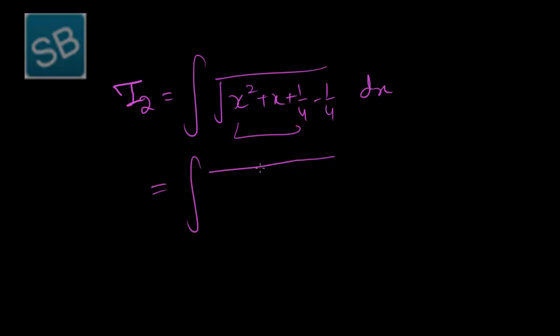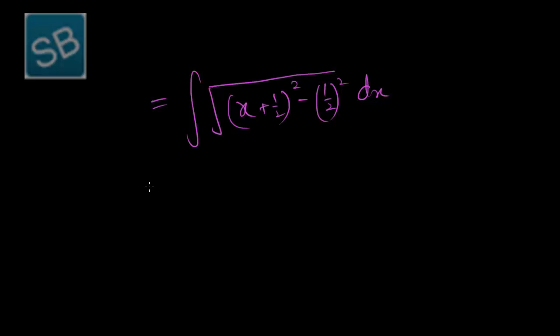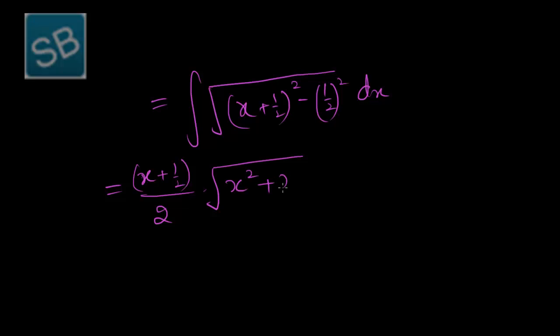From this we will get the integral of under root (x plus half) whole square minus (1 by 2) whole square. So if we see, we get the form under root x square minus a square. So the result will be x by 2, that is (x plus half) over 2, into under root of the same term, that is x square plus x.